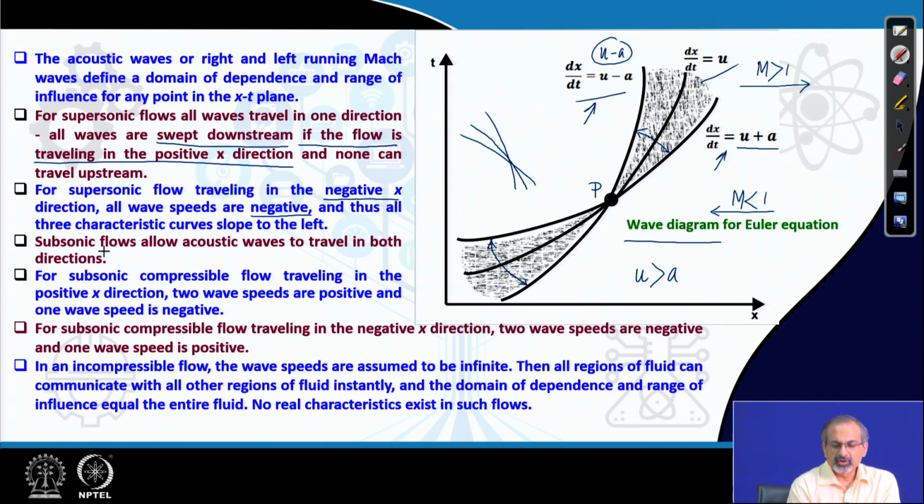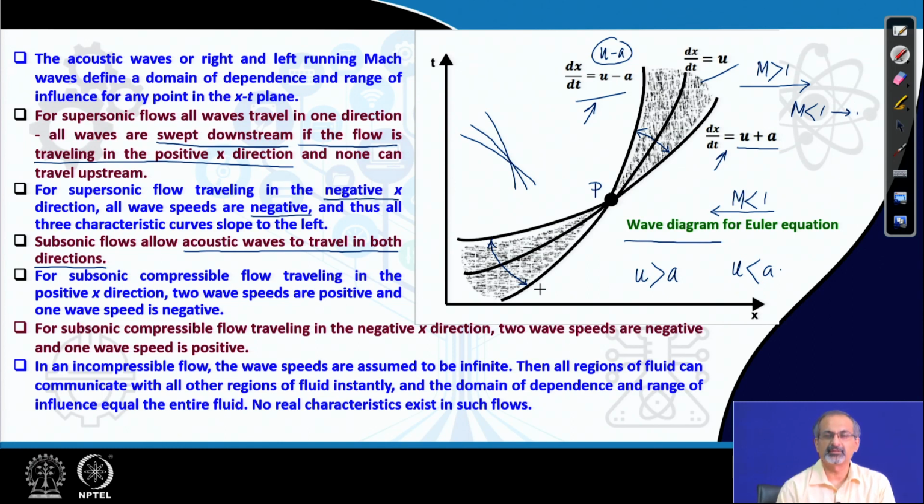What happens in subsonic flows? All acoustic waves can travel both in the downstream as well as upstream direction. Why? Because u is less than a, therefore, u minus a will always be negative anyway, u plus a will be positive, u will also be positive if the flow is moving towards the right.